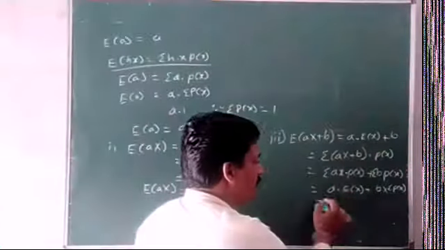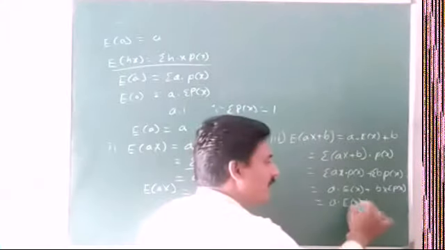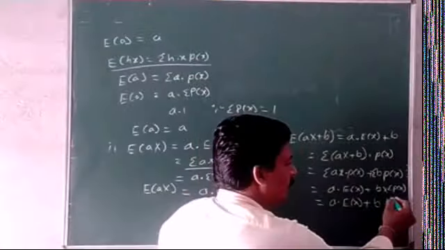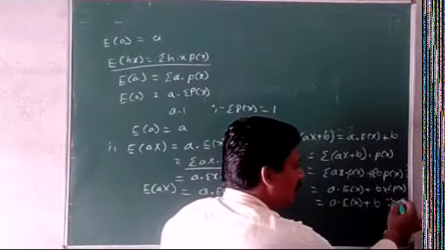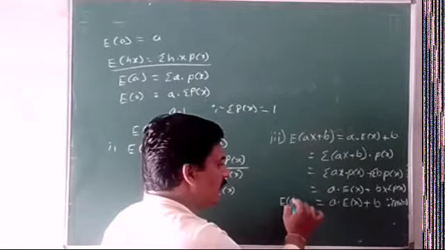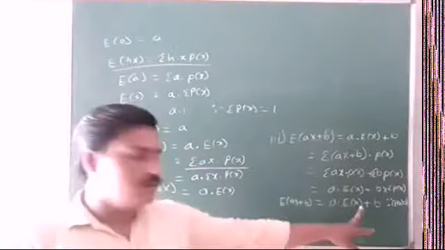Therefore it becomes A into E of X plus B into 1, that is B itself. Okay. So finally E of AX plus B is equal to A into E of X plus B.